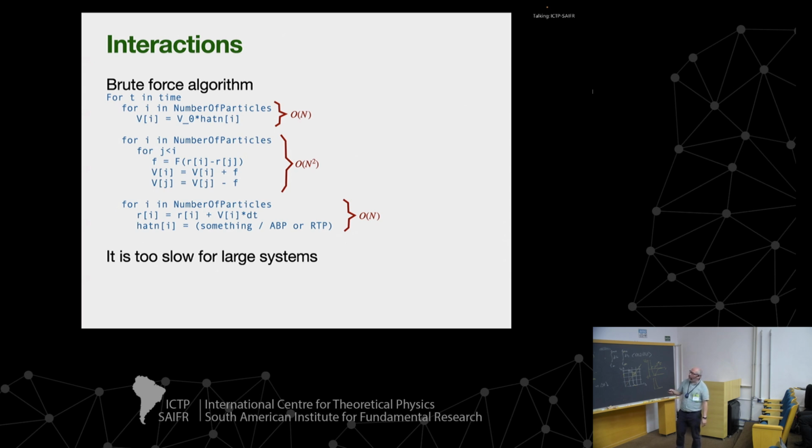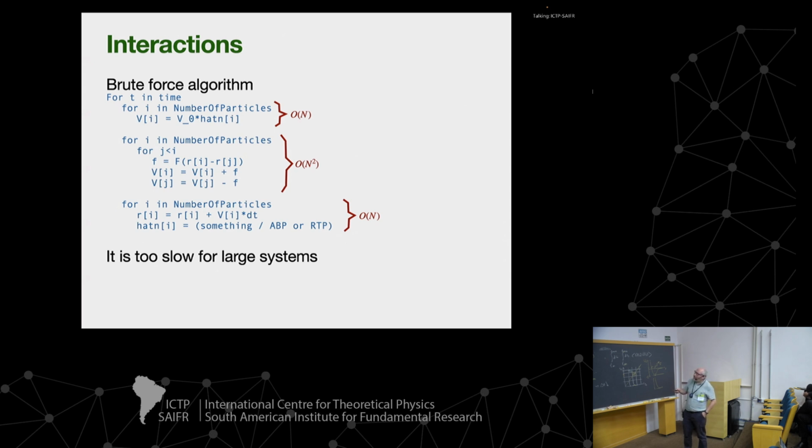And for the director, you do something, either with the square root of delta t, or random terms, or whatever. The problem of this algorithm is that the first part runs over all particles, so it's order n.